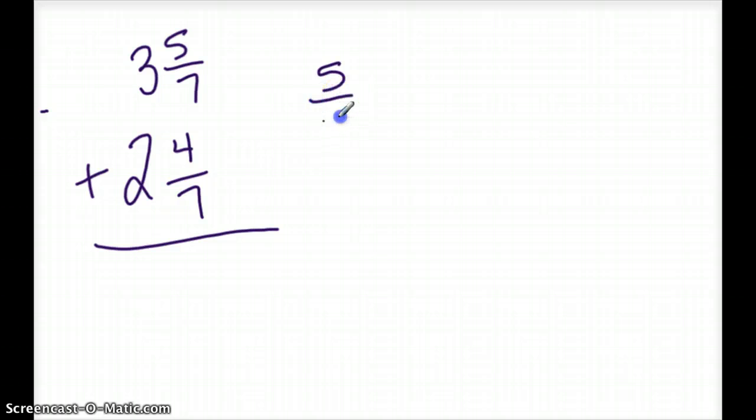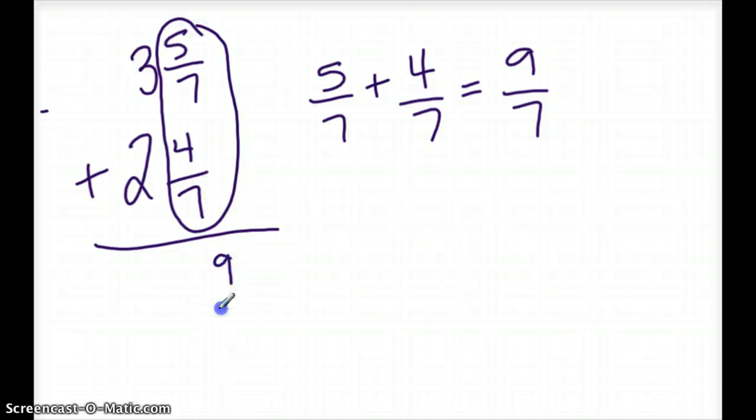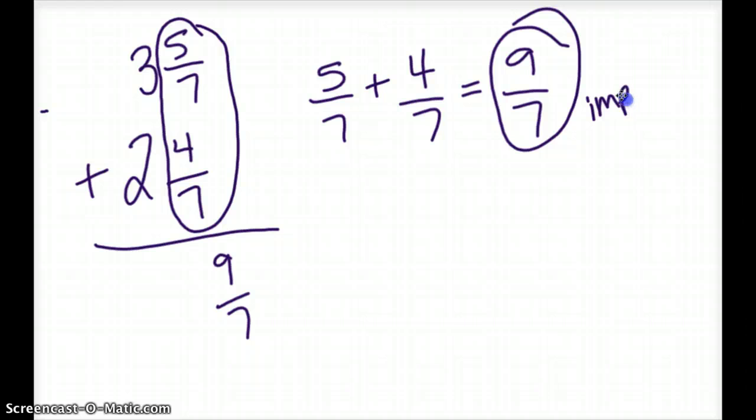So if I have 5/7 plus 4/7, I know that's going to equal 9/7. Okay, so when I add these two numbers, I get 9/7. 9/7 is what we call an improper fraction. We worked with those yesterday.